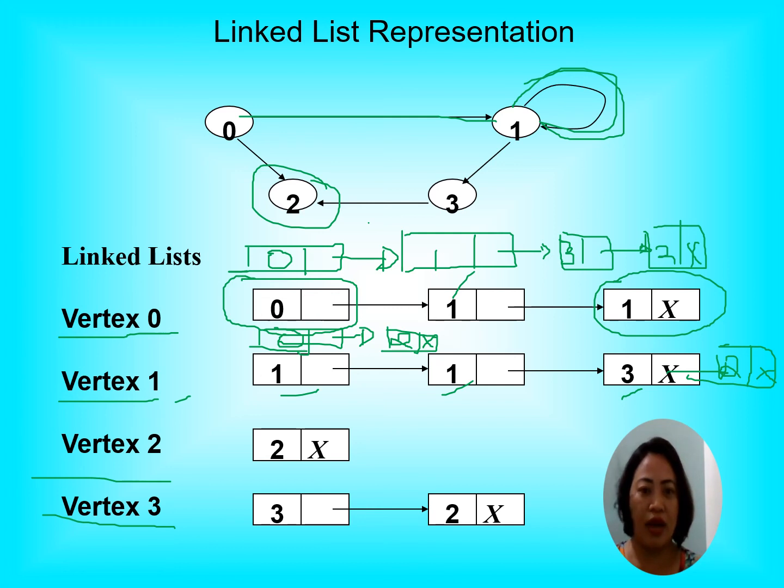Vertex 2, on the other hand, has no edge going towards anywhere. Therefore, from 2, it has the X or the null. And then from vertex 3 going towards vertex 2, and then no more, so that would be X. So this is how we represent a graph using a linked list.